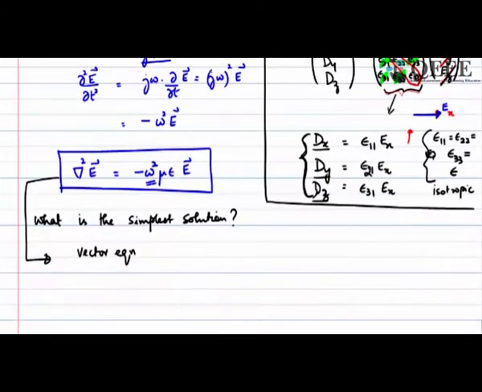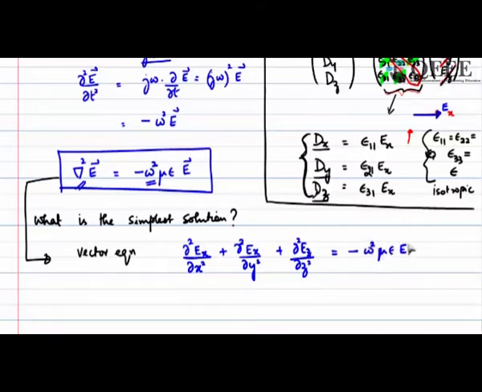So this equation actually means the following: I want to write it as the components, del square Ex by del x square plus del square Ex by del y square plus del square Ex by del z square, because del square is del square by del x square plus y square and z square, equal to minus omega square mu epsilon Ex. I have written the x component of this equation. This is the vector equation.